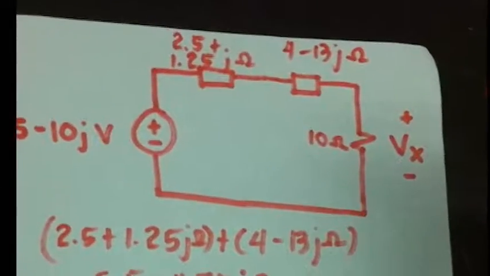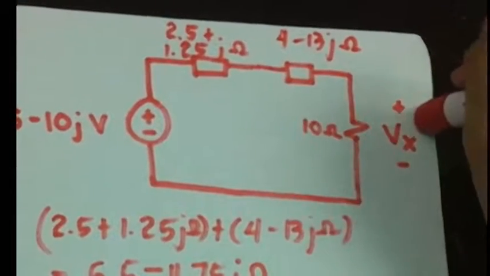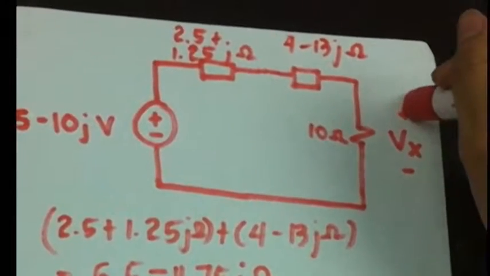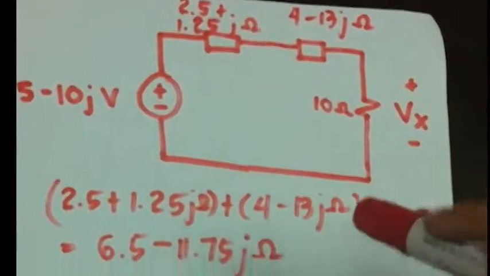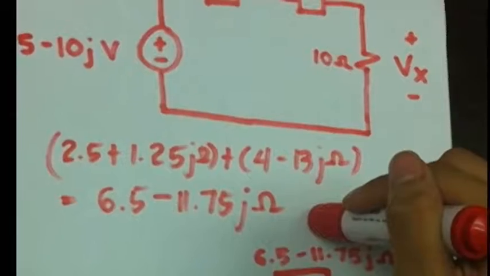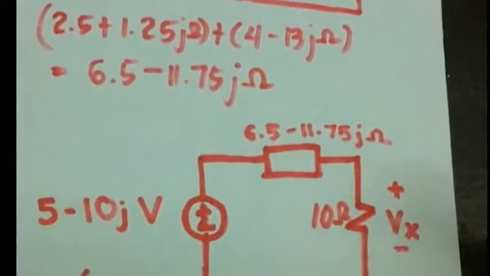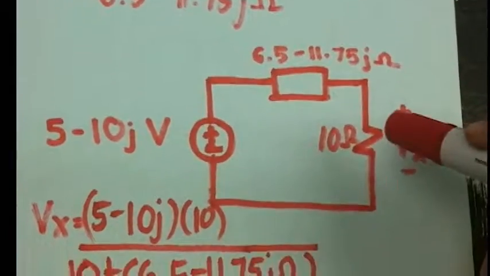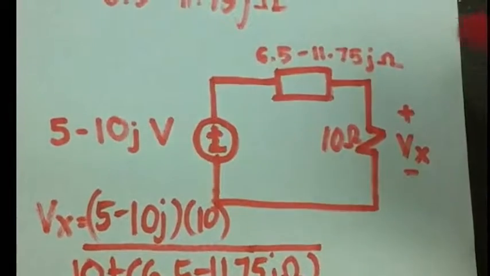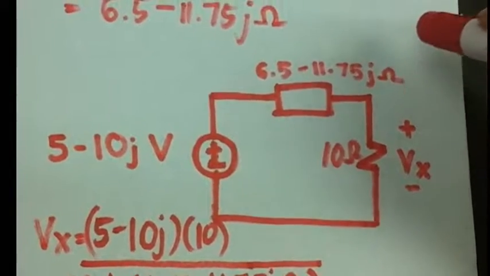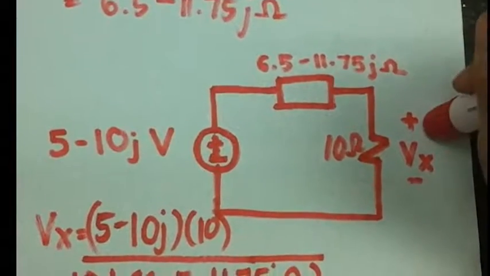As you can notice from the very beginning, we did not take any action to 10 ohms because this is where our Vx lies. Simplifying the two impedances will yield us 6.5 minus 11.75j ohms. Again, for the very last time, redrawing the circuit, we have a voltage source of 5 minus 10j volts, a new impedance of 6.5 minus 11.75j ohms, and the 10 ohms.